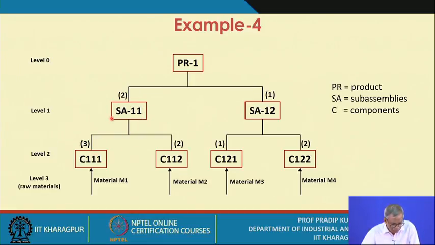To produce 1 unit of subassembly SA11, you need 3 units of component C111 and 2 units of component C112. Then this is level 2, and at level 3, to produce component C111, you need raw material M1. To produce C112, you require material of type M2.